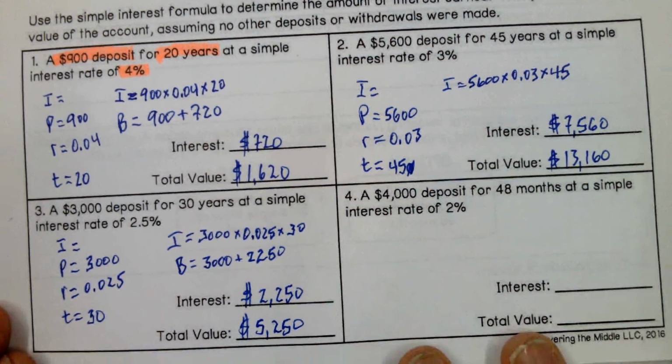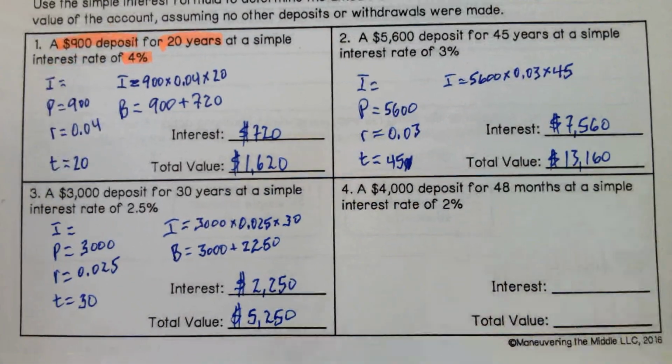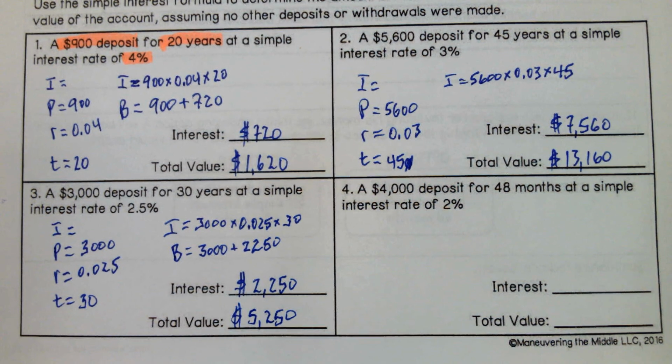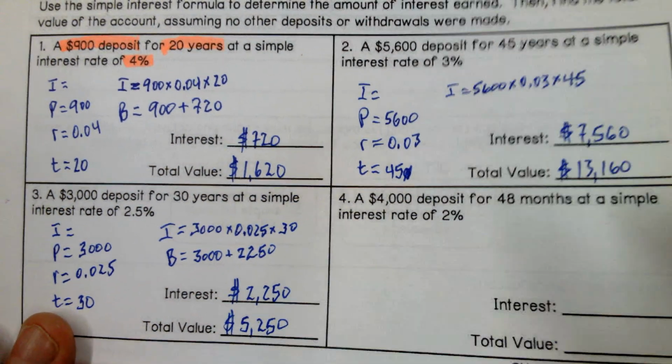Okay. All right. Any questions so far? Pretty easy, right? If you can work this formula, you can figure out the interest, and then with simple addition, you can figure out the balance.